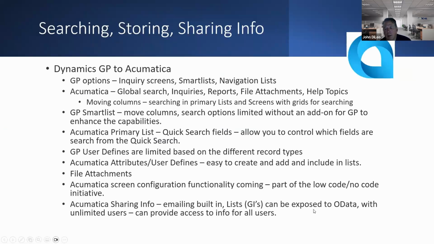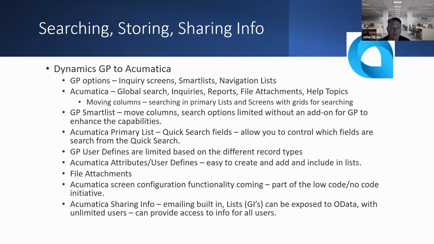Another concept where Acumatica is a little bit different, once you get beyond 10 users in their licensing, is that it really is unlimited users, right? They scale the licensing based on how much horsepower you need to drive your system. If my users are very limited in what they do on the system, then I could have 100 users in there, if they're not creating a lot of transactions.